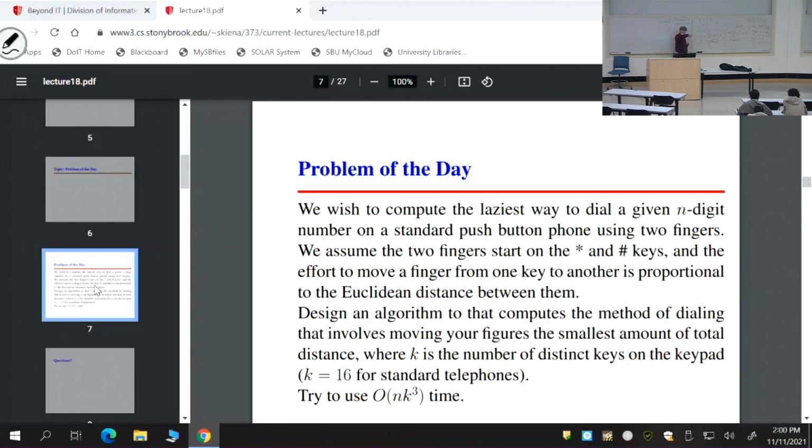What is the cost per box? According to this, I've got to pick my L and R, which are what? Those are where my fingers used to be. L could have been in any one of K places. R could have been in any one of K places. I've got K squared choices for this.